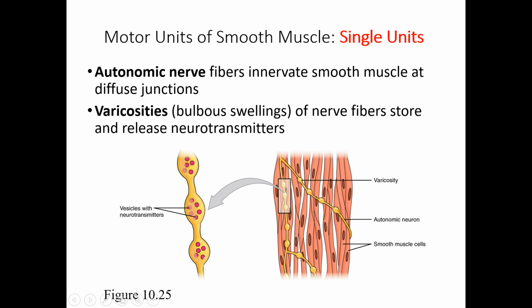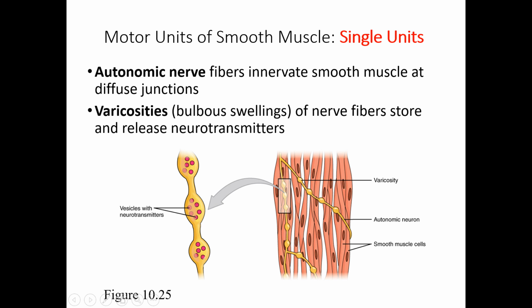Single units are motor units of smooth muscles. What does it mean? There is one neuron that branches, and that is not a motor neuron, not like in skeletal muscle. Skeletal muscles have motor neurons, and we can voluntarily control our skeletal muscles. Raise our hand, for example.